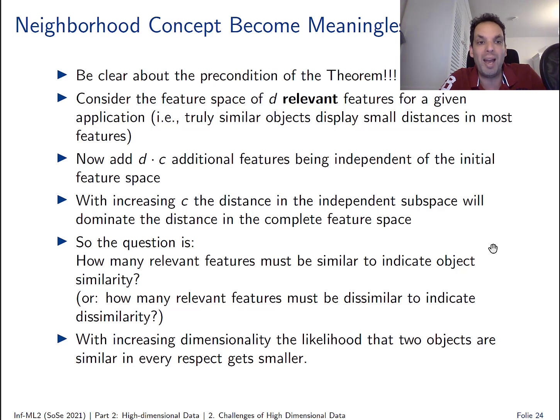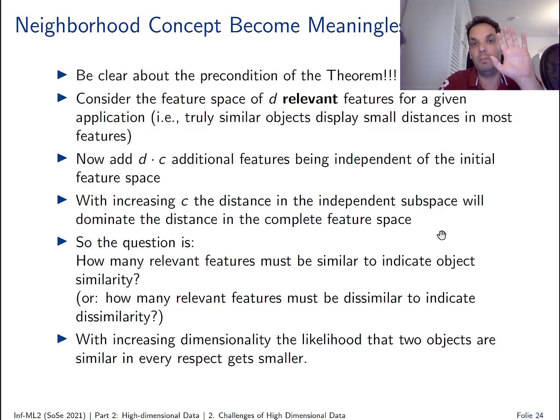So now if we add d times c additional features which are completely independent of the initial feature space, meaning their relevancy is absolutely zero, the relevancy to our pattern is absolutely zero, meaning that we just add random noise more or less, then with increasing c, the distance in the independent subspace will dominate the distance in the complete feature space.